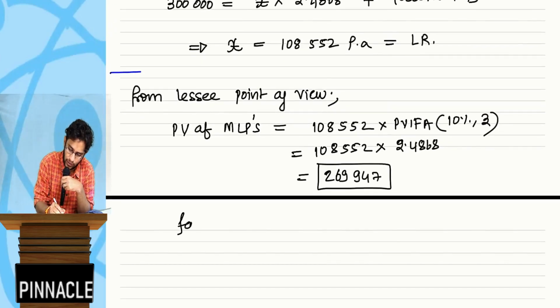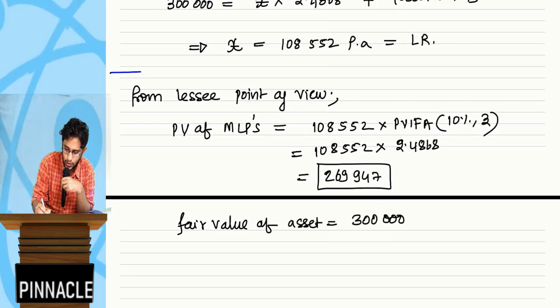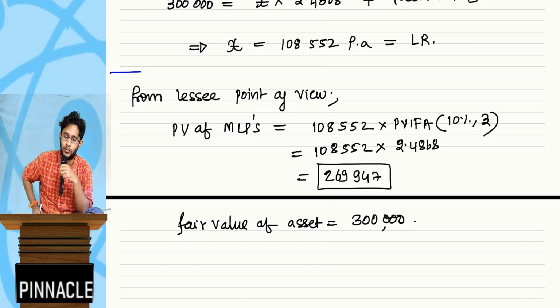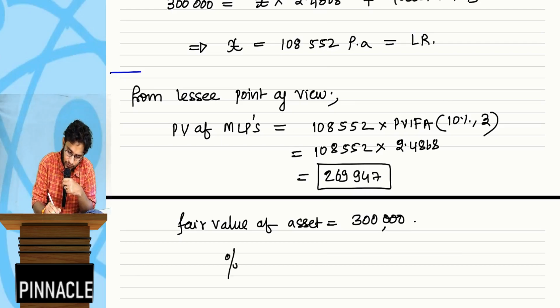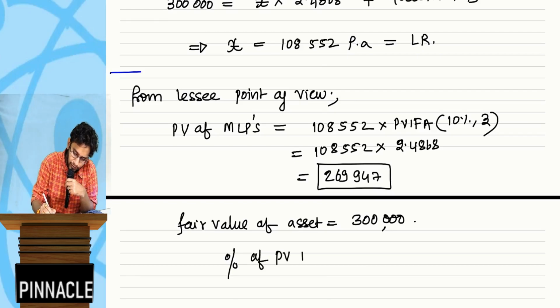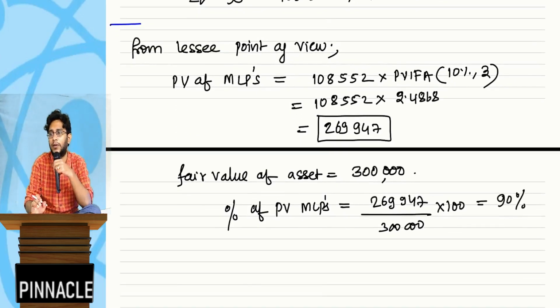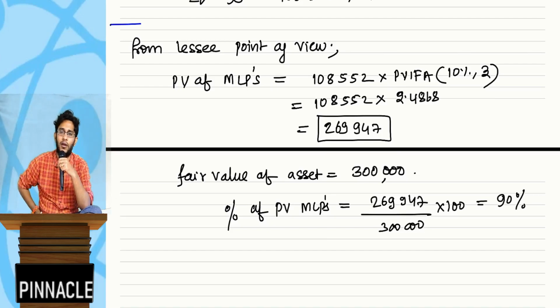Below that only, right? What is the fair value of the asset today? 3 lakhs. Sir, if 3 lakhs is the cost of the asset, you are almost paying 269,948. So go and check the percentage. Percentage of PV of MLPs is equal to 269,947 divided by 3 lakhs into 100, which is almost equal to 90%. Then 90% of the cost you are paying to that fellow in the form of lease payments.